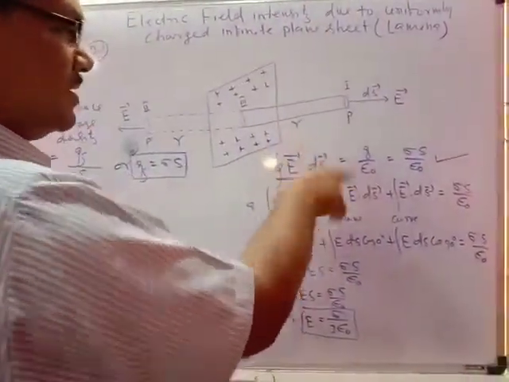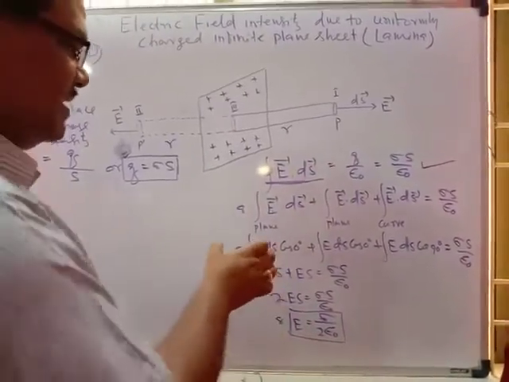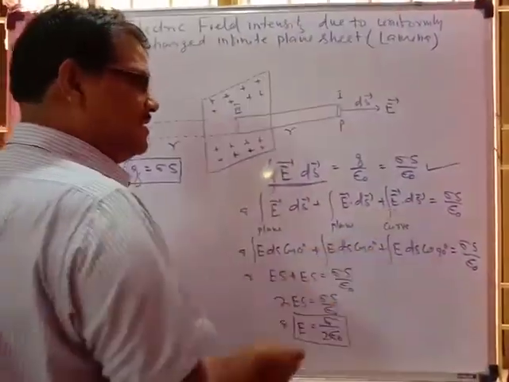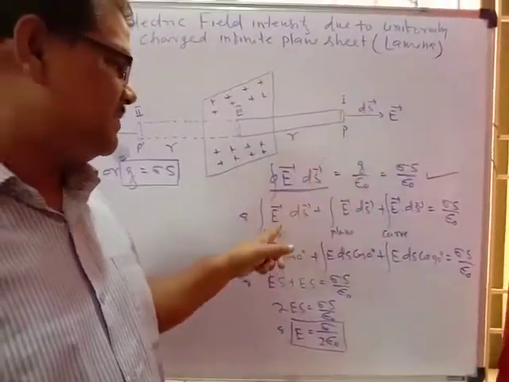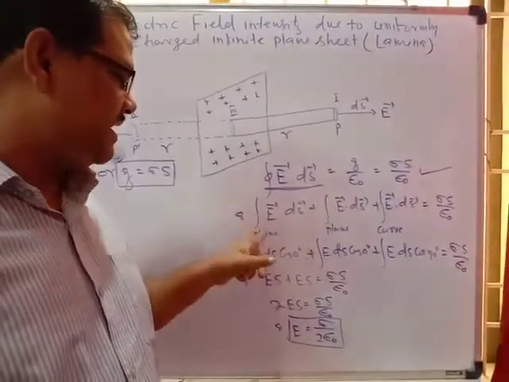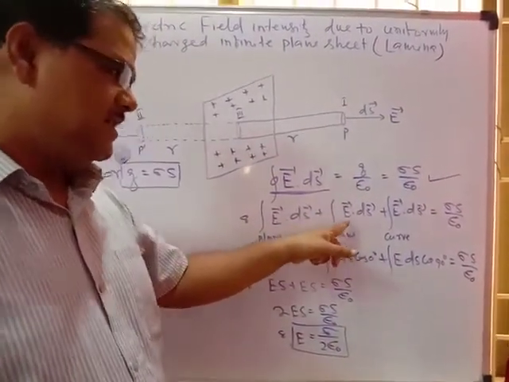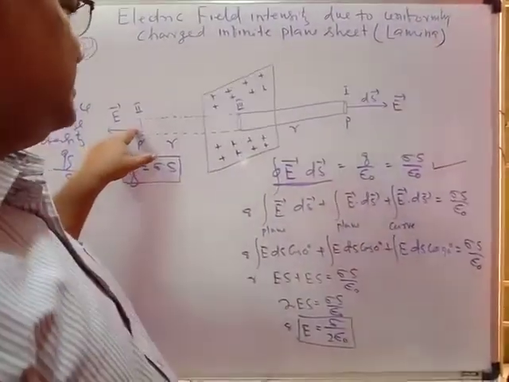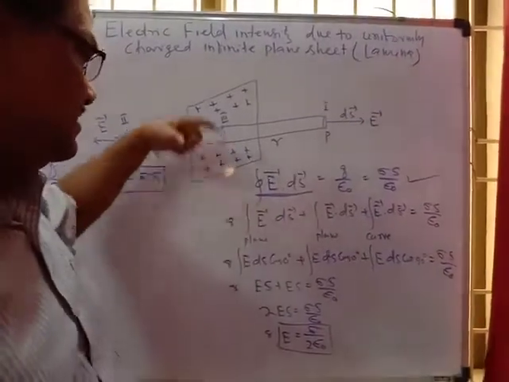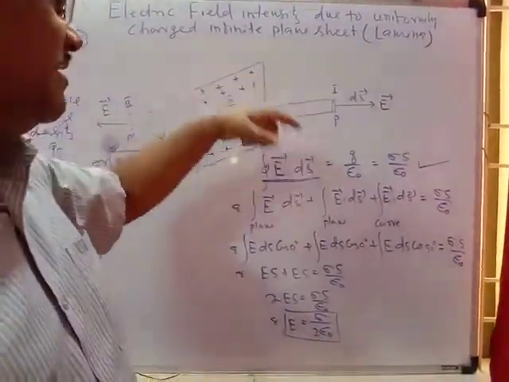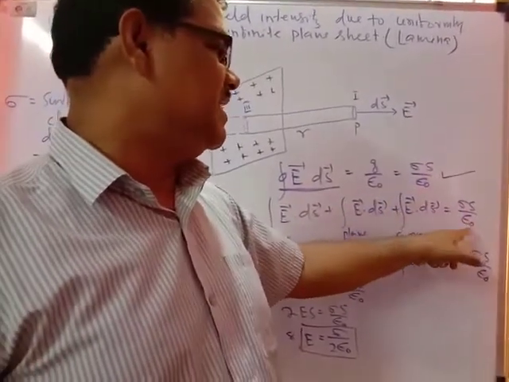Dividing the total surface area into three parts, the flux is the integral of E dot ds over the first plane, plus E dot ds over the second plane, plus E dot ds over the curved surface of the cylinder, equal to sigma S upon epsilon naught.